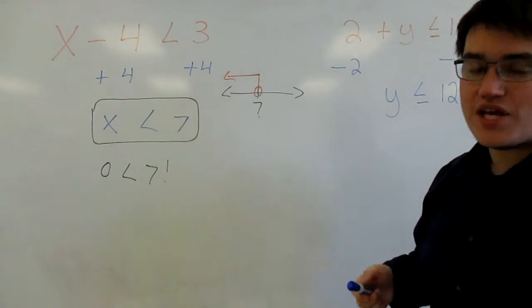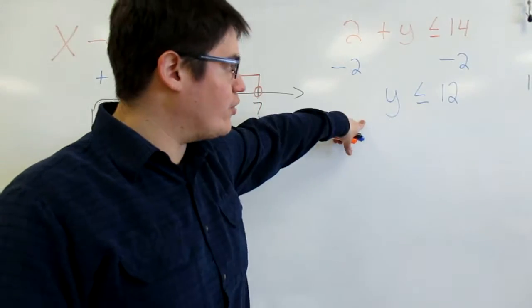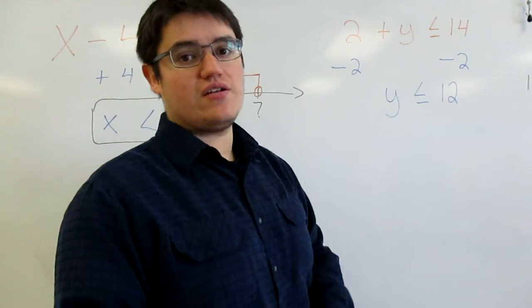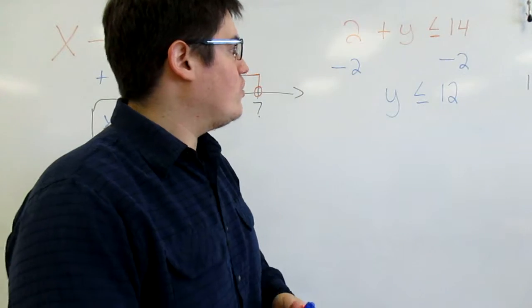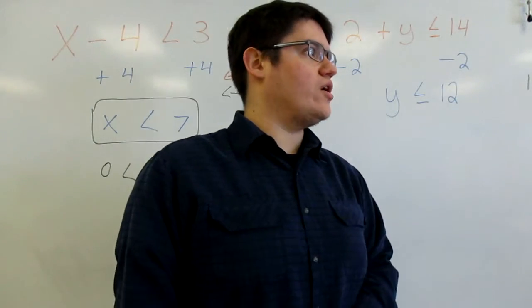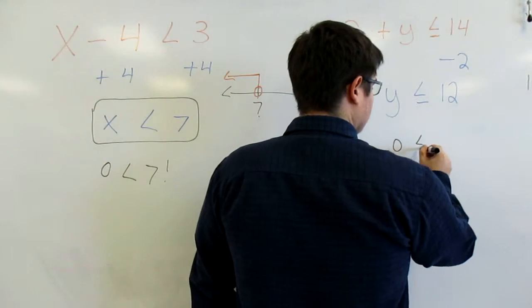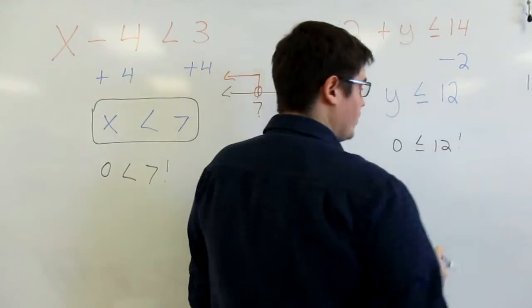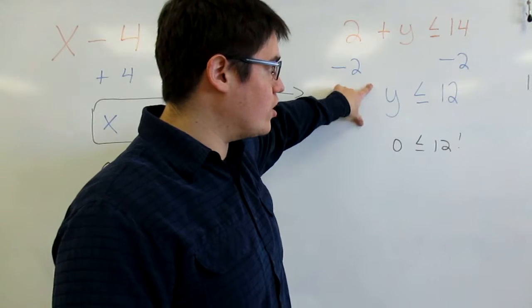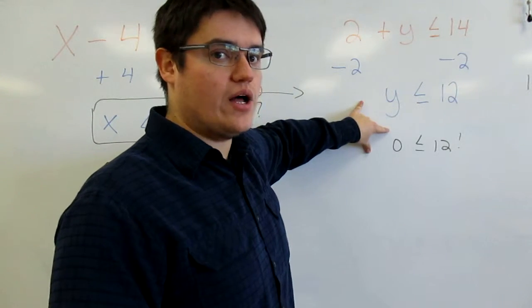Now let's do the same thing we did before. Let's find a number that we know is true here, and then see if that is true up there. Well, what number is less than 12? 0. Yeah, 0. So we know that's true.